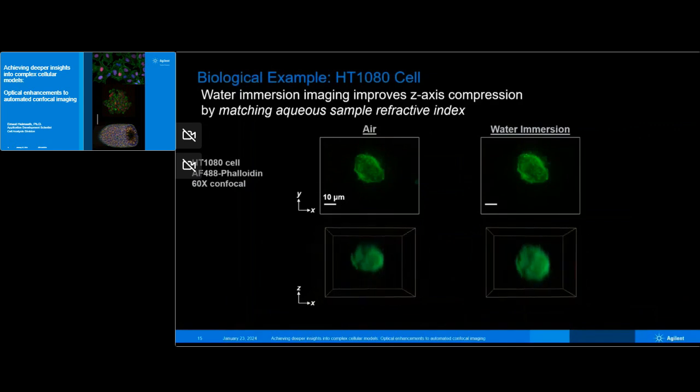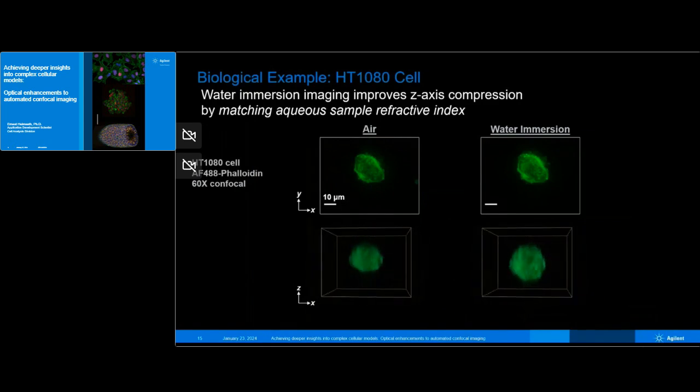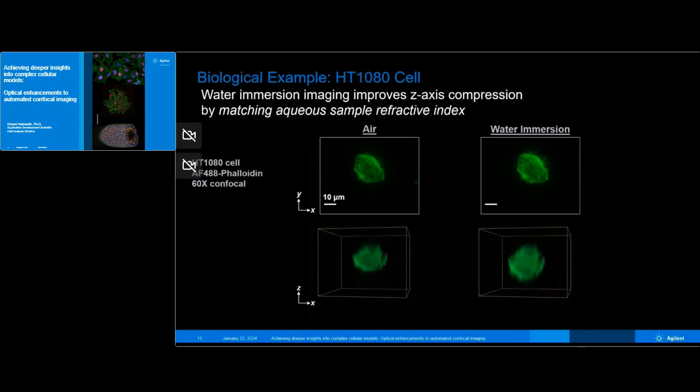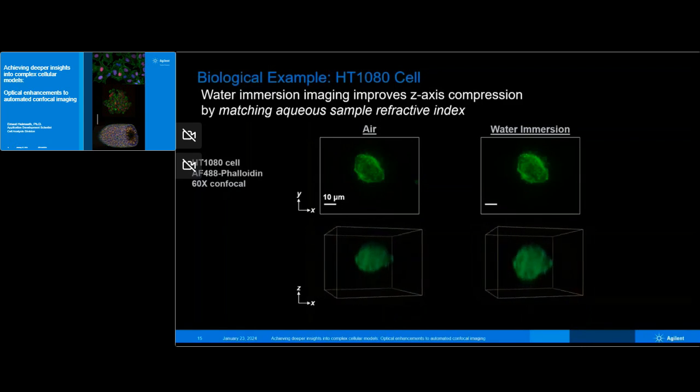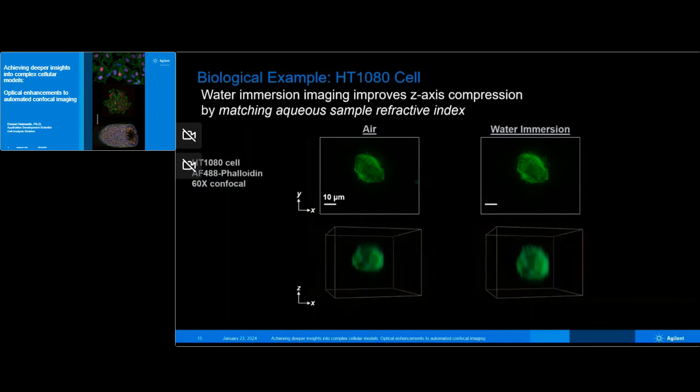The other thing relating to the refractive index is that water immersion improves Z-axis compression. It does this by matching the refractive index of your aqueous sample. So this is an individual HCT1080 cell, which is embedded in a collagen matrix to keep it in place. On the top row of images, we're just seeing a traditional XY image.